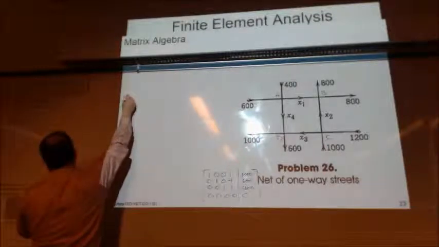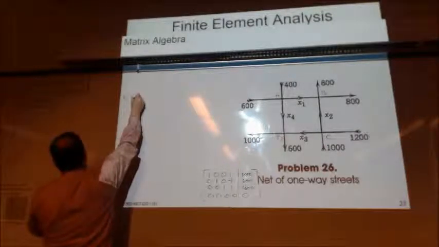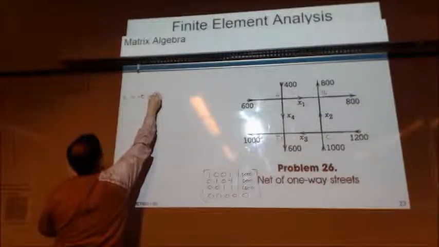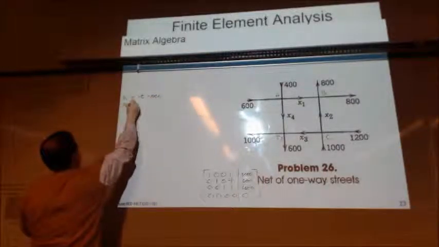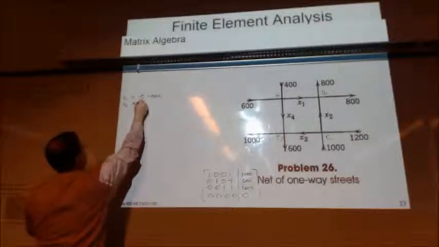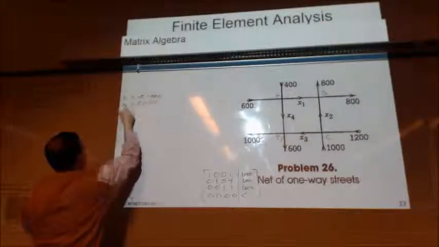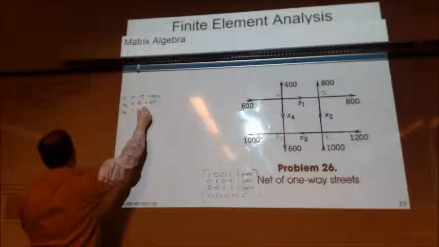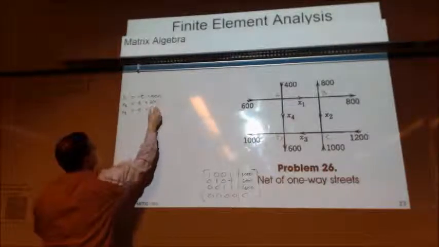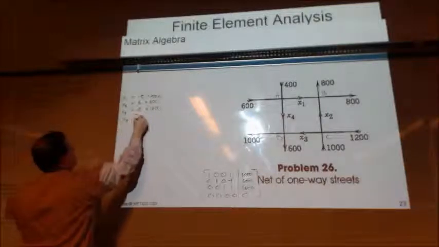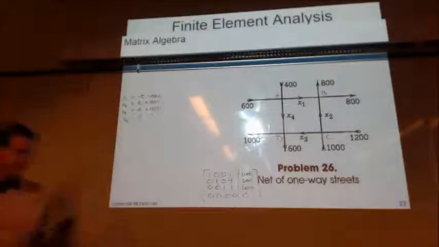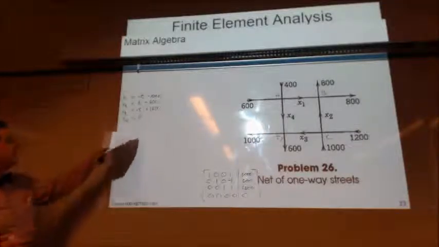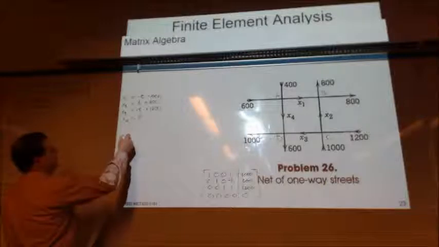So x1 equals what? Minus t minus 1,000. x2 equals t plus 600. x3 equals minus t plus 1,600. x4 equals t. So I can put any whole number in for t, and I'll get a solution for all the rest of those equations, right?